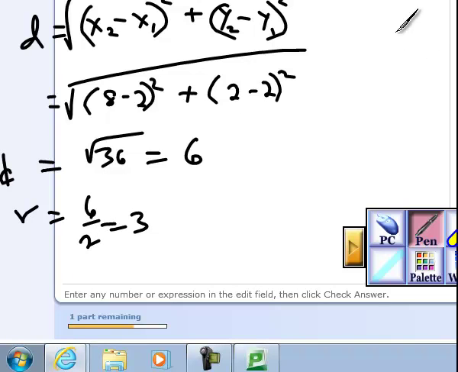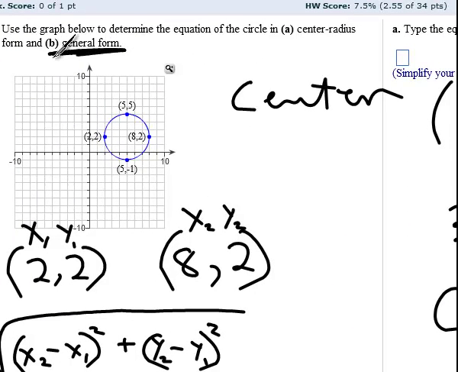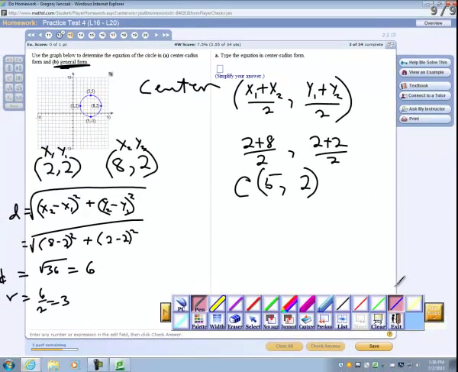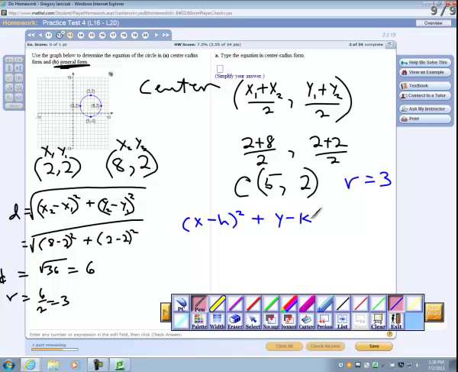Okay, so now they want it in general form. But what you have to do is put it in standard form first and then put it in general form. Okay, so here's our center, 5, 2, and our radius is 3. So our equation is (x minus h) squared plus (y minus k) squared equals r squared.